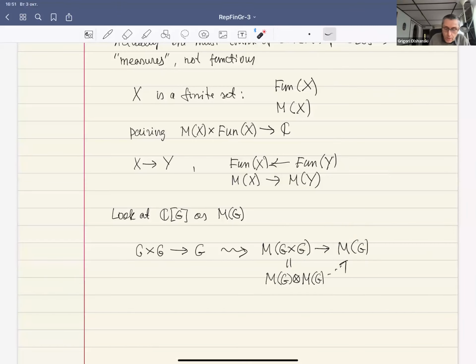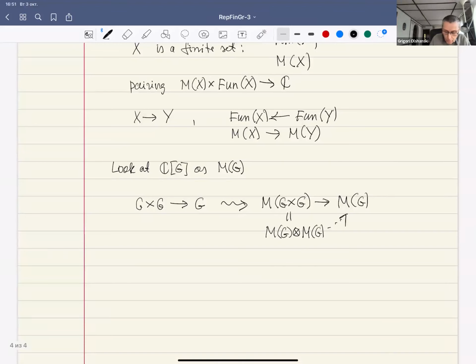And the space of functions has a coproduct structure, because the same multiplication map induces arrows in the reverse direction. So this is a coproduct.